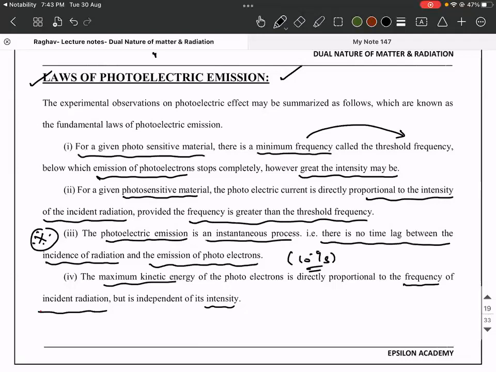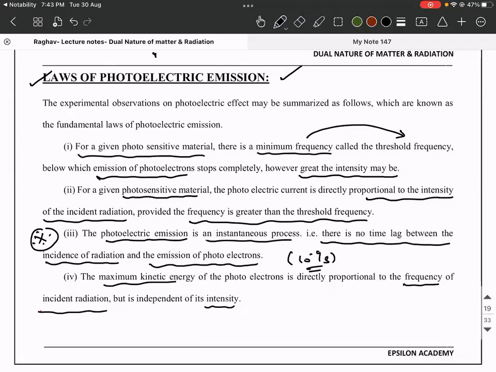Right. So the first thing is, for a given photosensitive material, first listen, then you can write it. For a given photosensitive material, what material is that? I'm talking about the emitter plate. For a given photosensitive material, there is a minimum frequency which is required, below which photoelectric emission is not possible. What is that minimum frequency called?